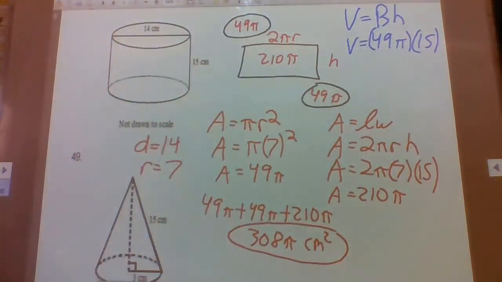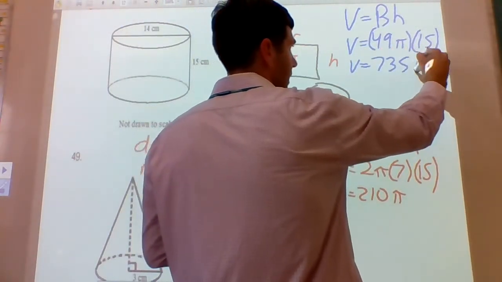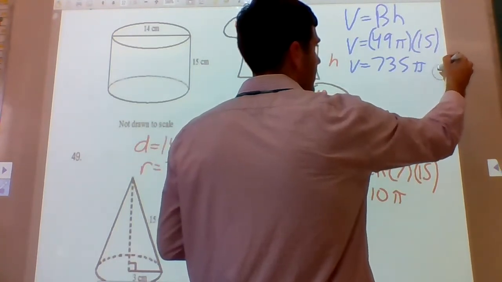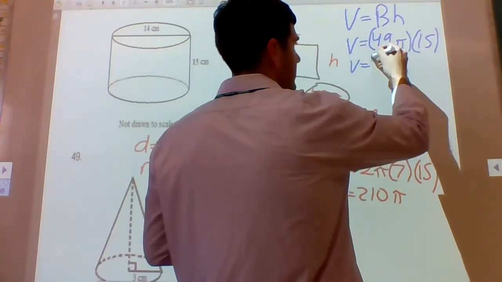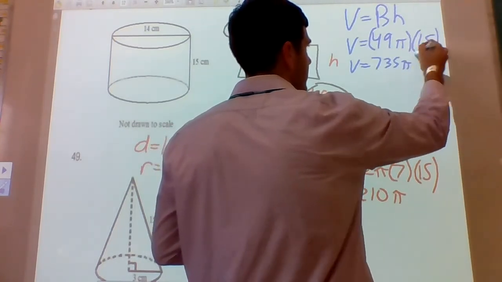So 49 times 15, the volume is 735 pi centimeters cubed.